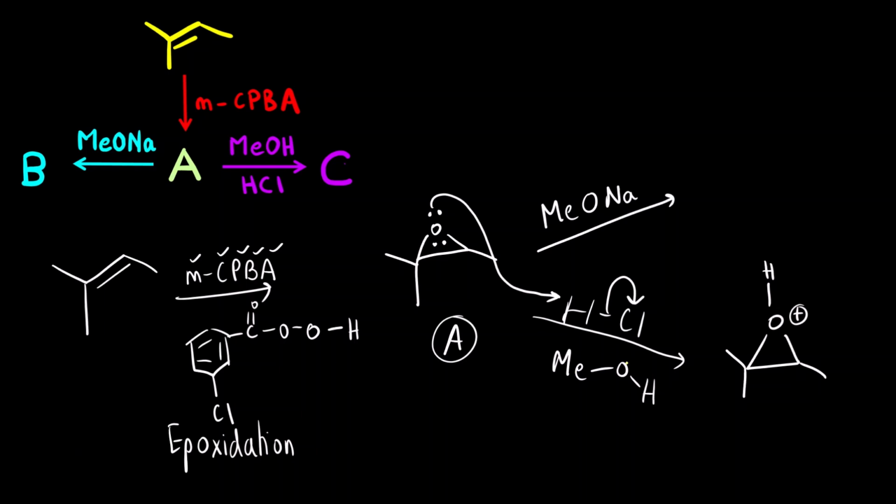Now if you see, in methanol, oxygen has two lone pairs. But the structure of this is MeO minus and Na plus, that is methoxide. What is methyl? This is CH3 O minus. O minus means oxygen has three lone pairs. So this is more electron rich as compared to methanol.